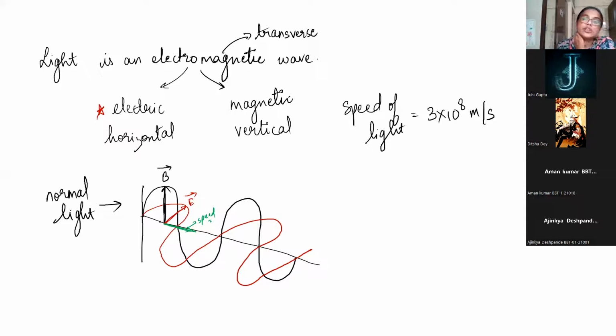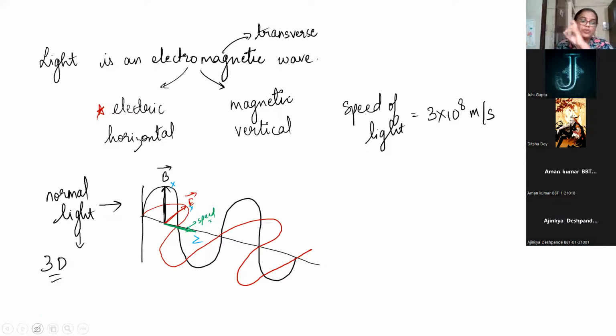How many dimensions are there in this particular diagram? Look at the arrows. Three. 3 dimensions. So the normal light is 3-dimensional light. You will say this could be your x-axis, this could be your y-axis, and this could be your z-axis. So this is a 3D light basically.